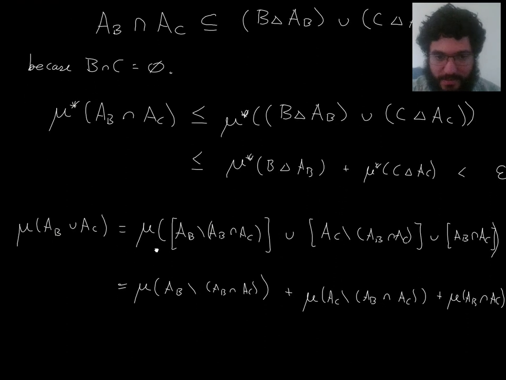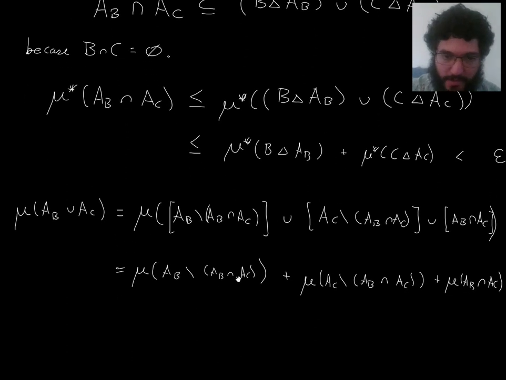Okay, so there we go. So we've got mu of AB, delete the intersection, plus mu of AC, delete the intersection, plus mu of the intersection. And let's do some algebra. So again, using the additivity of mu, mu of AB, delete this intersection, is mu of AB minus mu of this intersection.